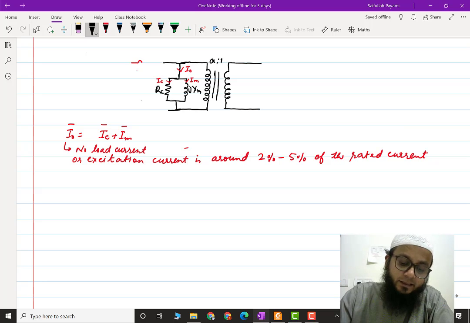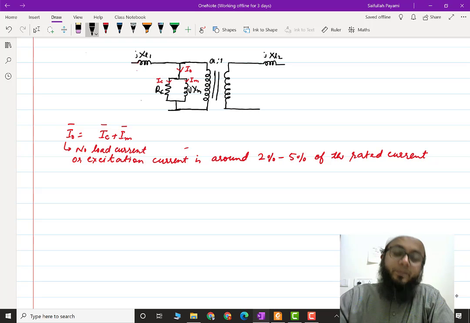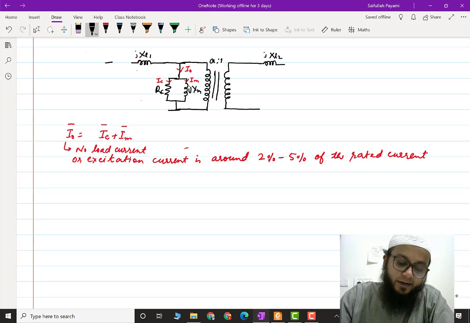We represented it by an inductor in the primary winding as well as in the secondary winding. So this is jXL1, and this is jXL2, and then we incorporated the winding resistance: R1 for the primary winding and R2 for the secondary winding.